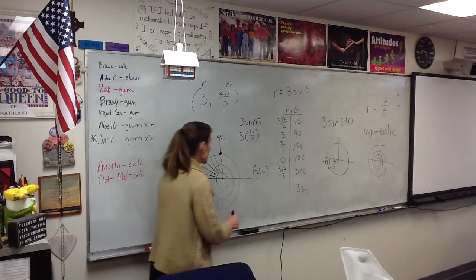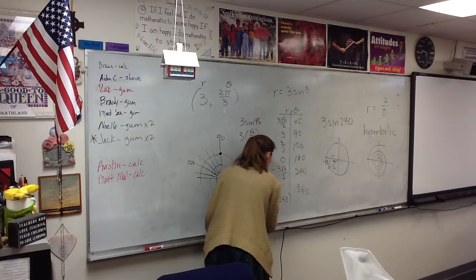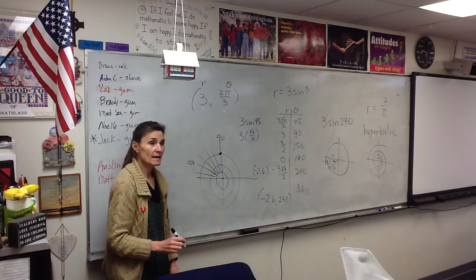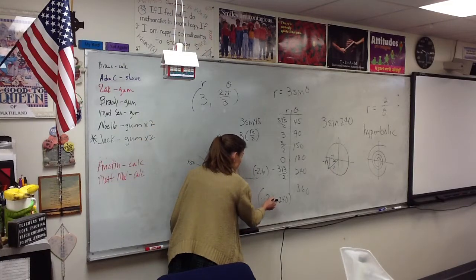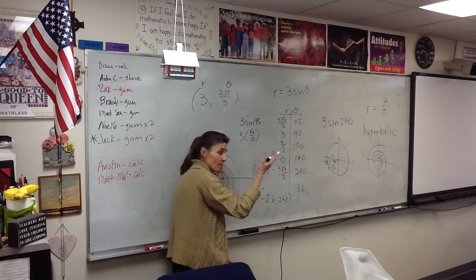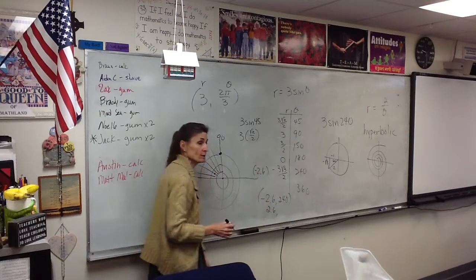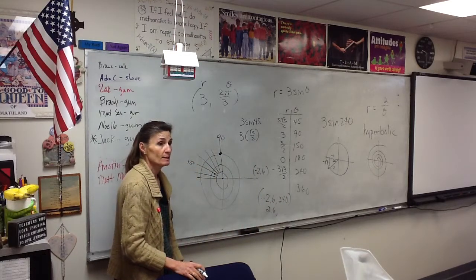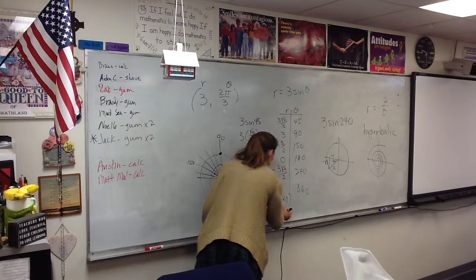Now, I can't plot negative 2.6 comma 240. I can't plot it with a negative r. So I have to remember this point, which came from my equation. I didn't make this up. It came right out of my equation. But this point is going to be plotted on what angle? Not 240. It's going to be plotted at 60.